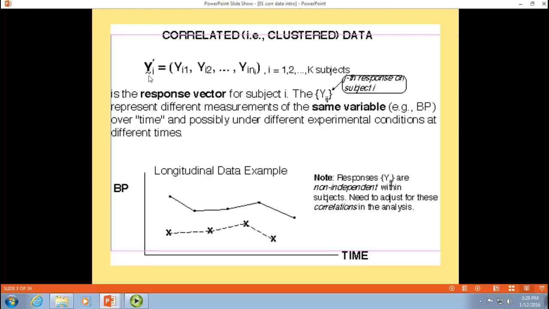Now, by the way, I've written Y in bold, and I've written these Y's not in bold. The bold Y represents a collection of outcomes, a collection of values of the outcome variable.